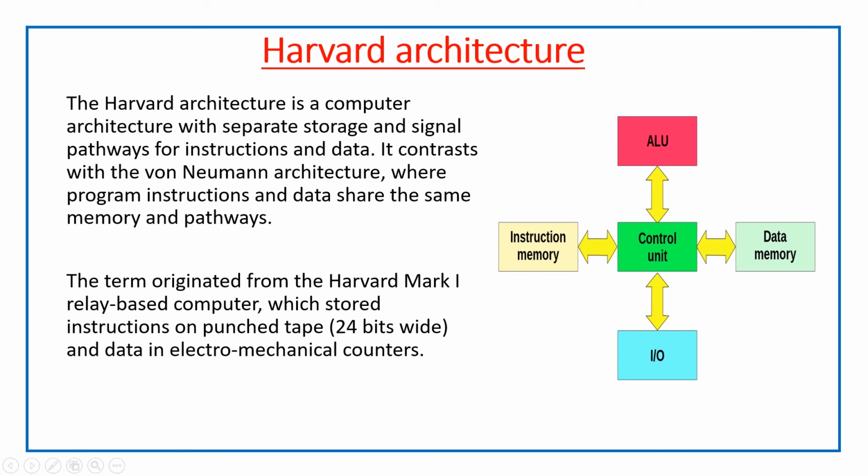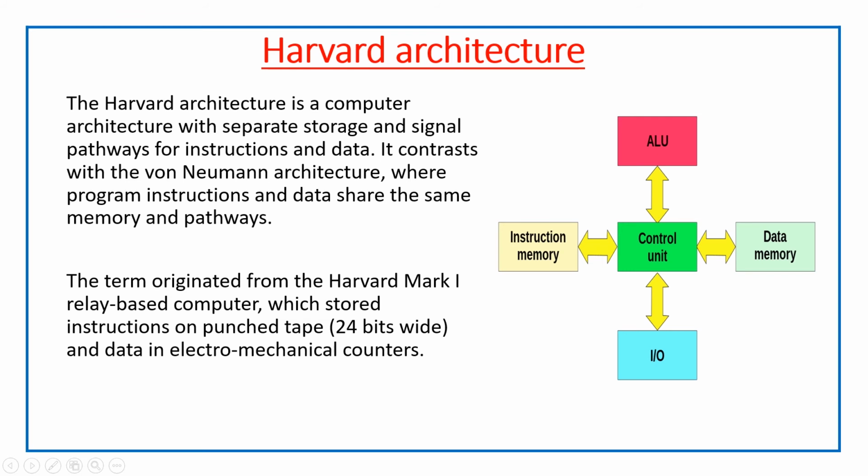Instruction moves in one path and data moves in another path. But in von Neumann architecture, we have seen there is a single memory unit for data and instruction and the same data and instruction bus. In contrast with the von Neumann architecture, where the program instruction and data share the same memory and pathway.